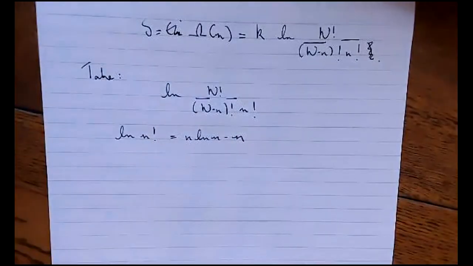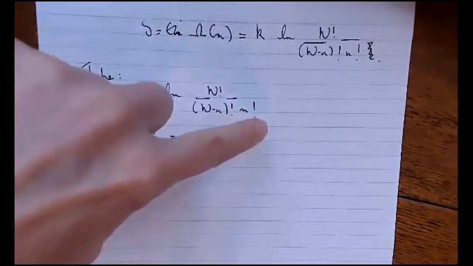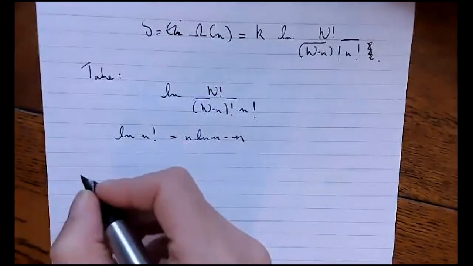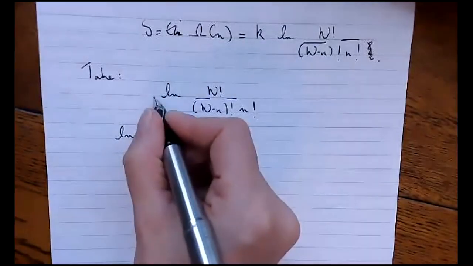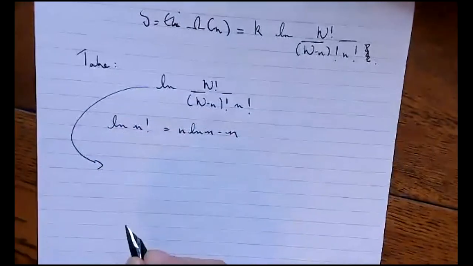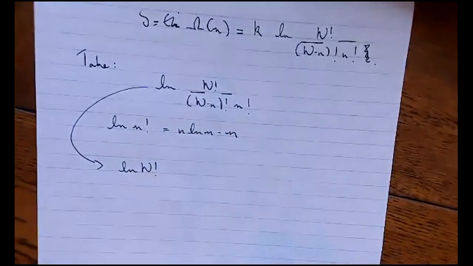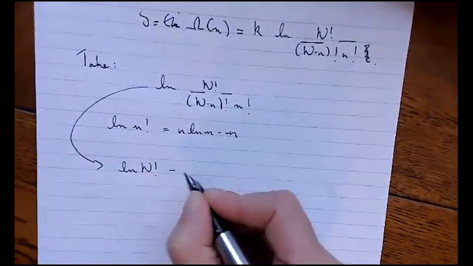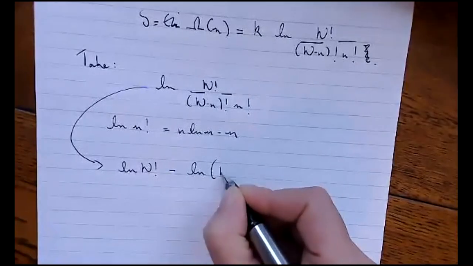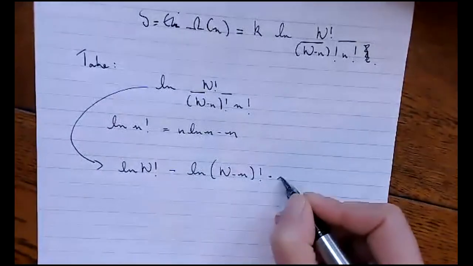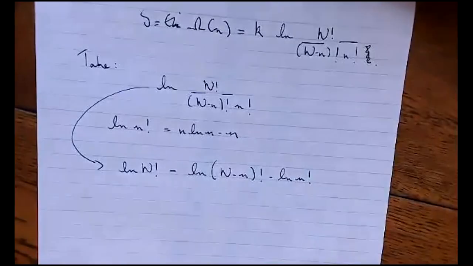Let's simplify this. First of all, we want to split up all of the parts in the fraction. And we can do that because of the amazing power of logs. So logs are ace. If we take this expression, we have ln big N factorial minus ln n factorial minus ln little n factorial.